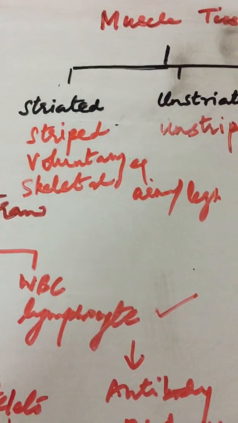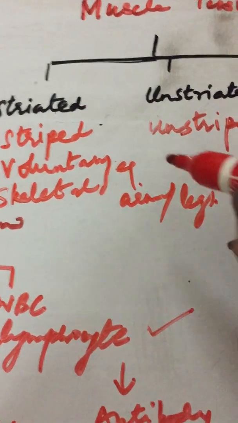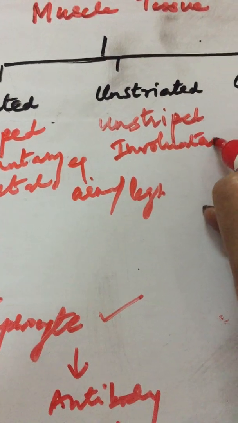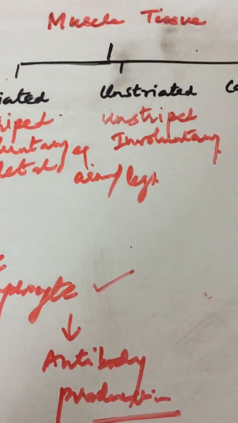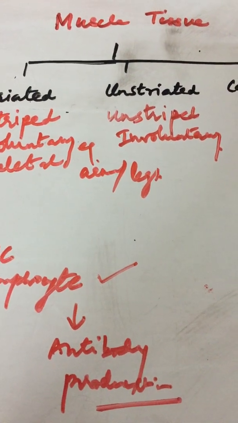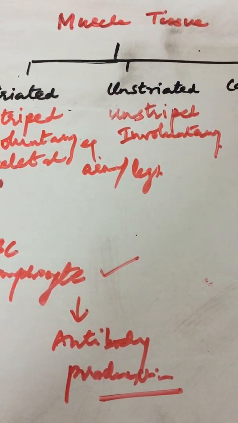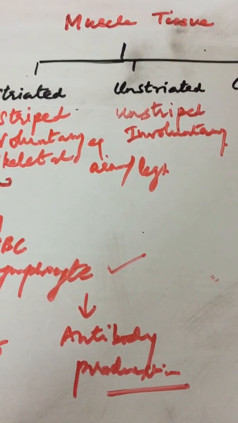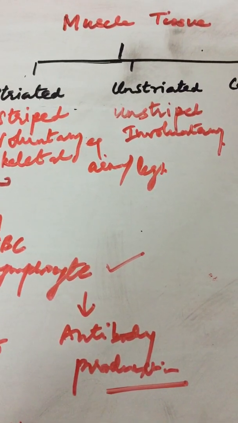Striated is voluntary, and unstriated is involuntary. That means you can't control the contraction and relaxation, like muscles in your stomach and intestine wall or in the walls of your urinary bladder. It happens on its own.